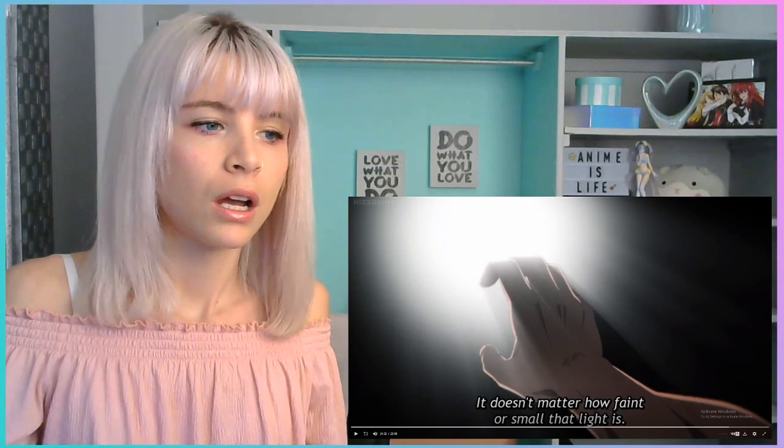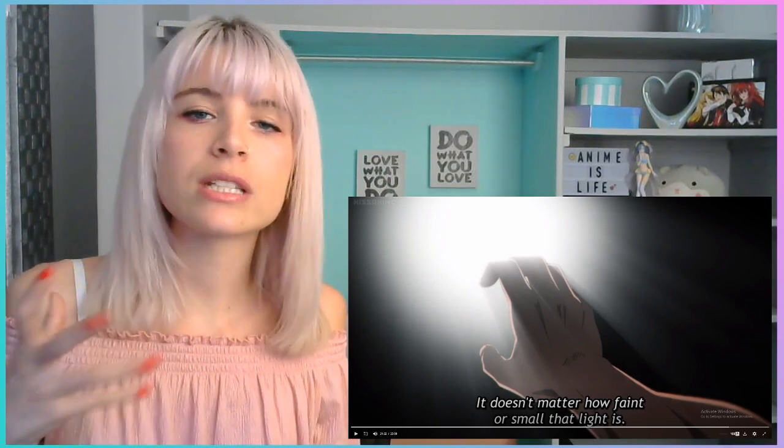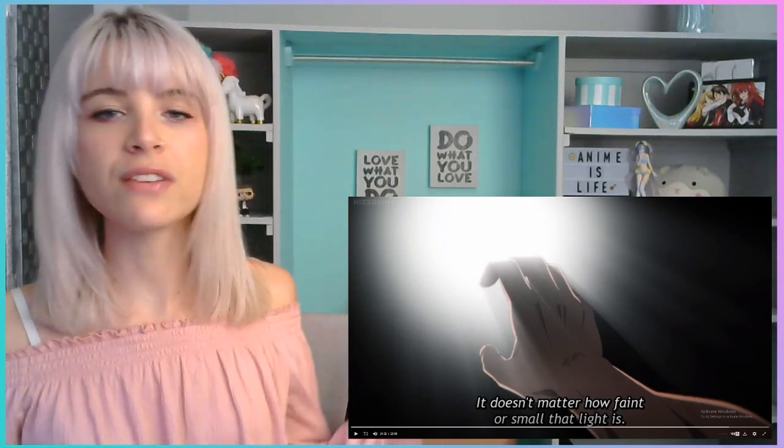Genos is a disciple because he realized that there's more he wants to learn. And here's another theme: wanting strength for different reasons. This guy, Suiryu, he just had that strength so that he could live an easy life.